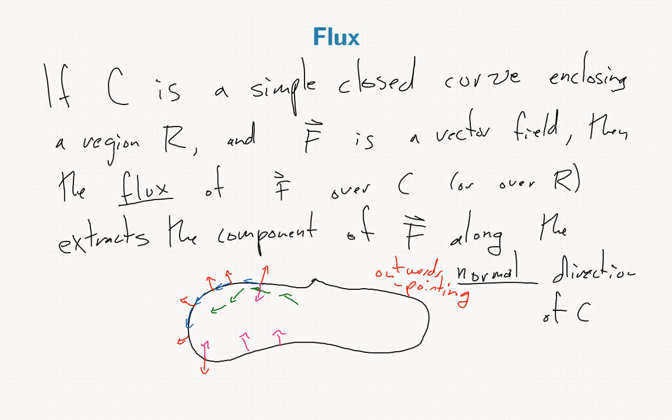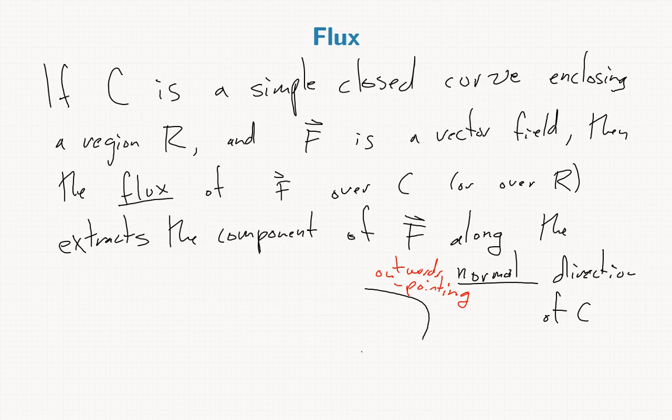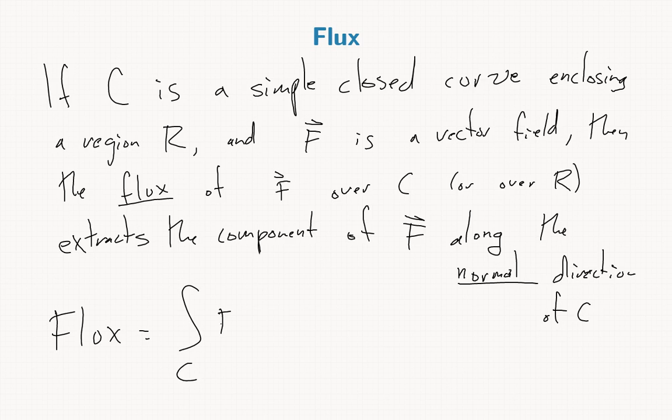Okay, so symbolically, our definition will be flux is integral over C of F dot n ds, where now this is the outward pointing unit normal vector.